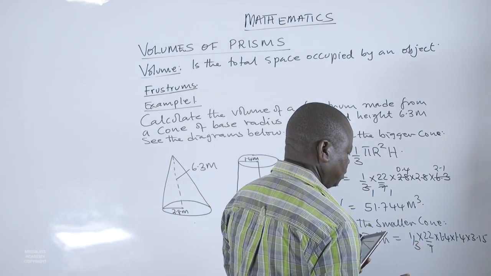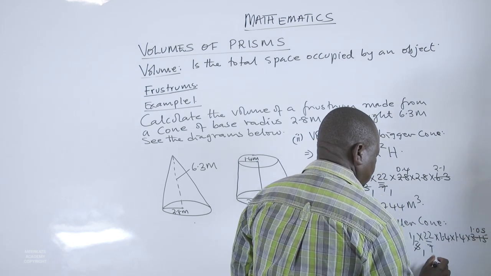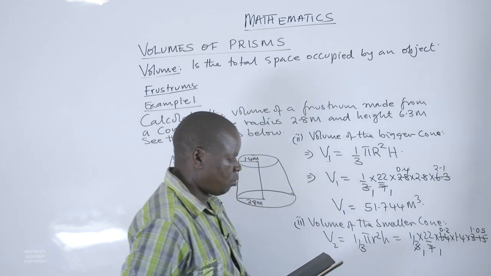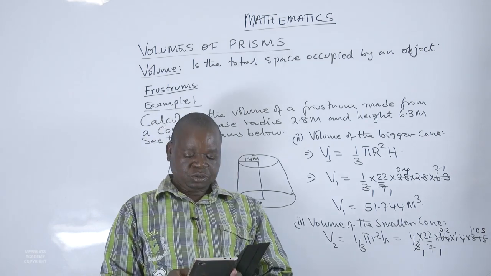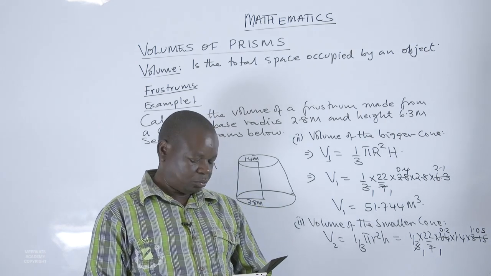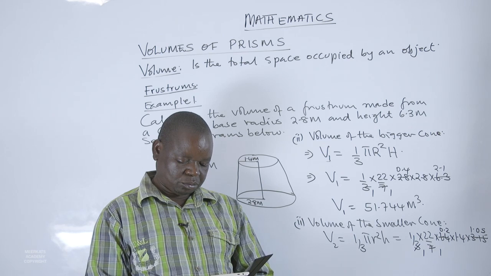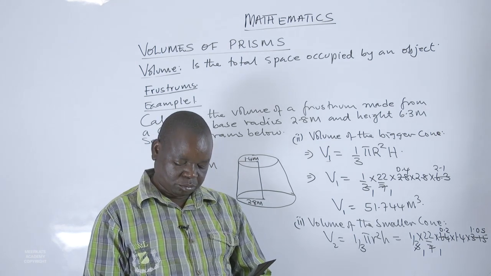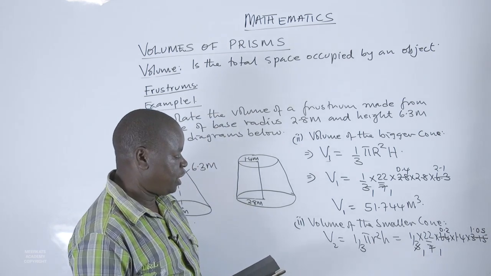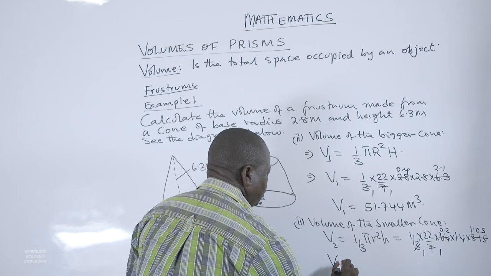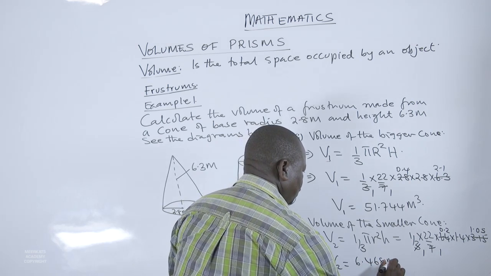When you simplify that by our calculators, you should be able to obtain V2 as 6.468 meters cubed.